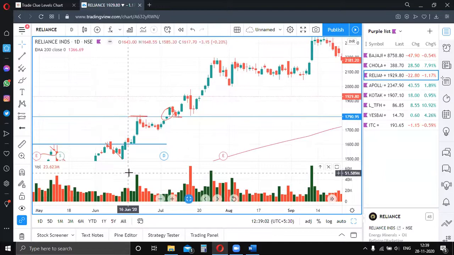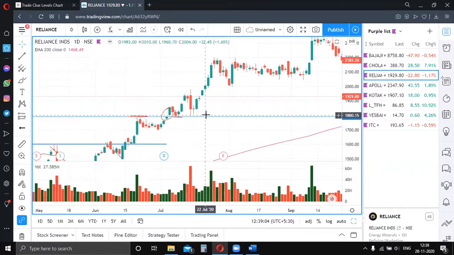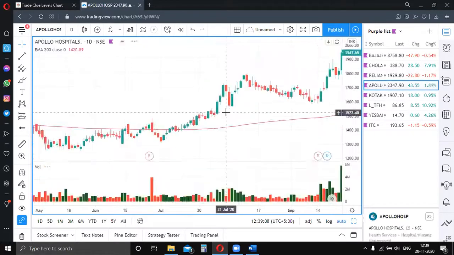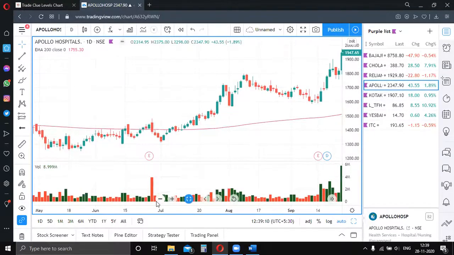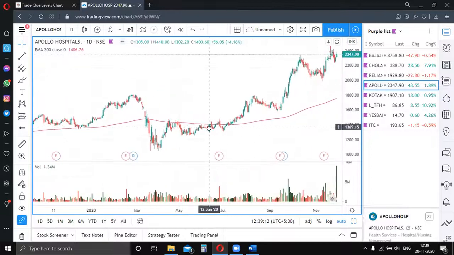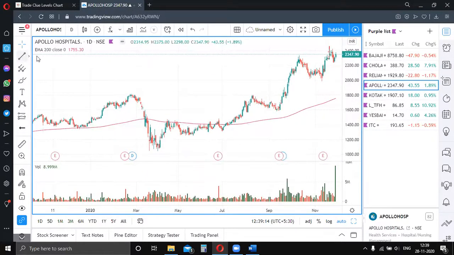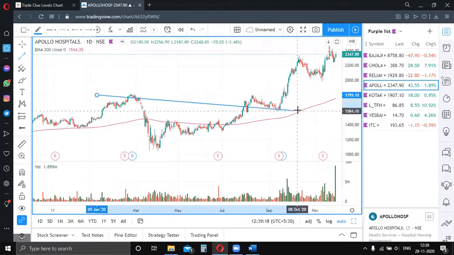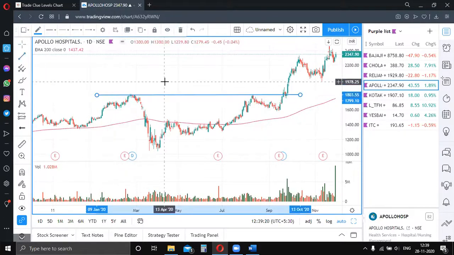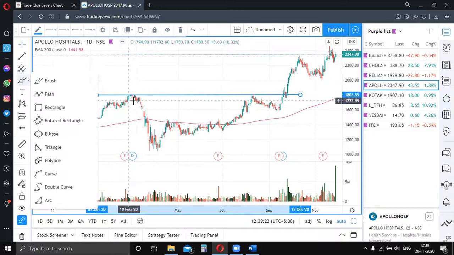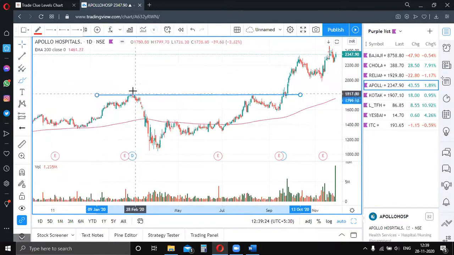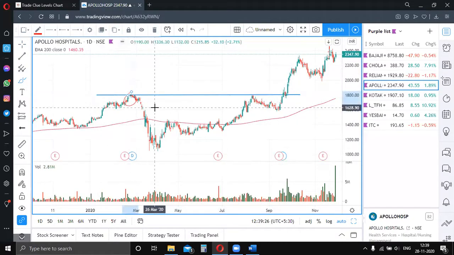This actually carries very good momentum, right? The same thing happened with Apollo as well. This was the earlier swing high. That was actually a life high for the stock.